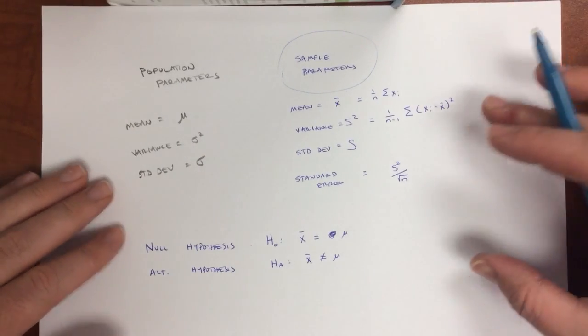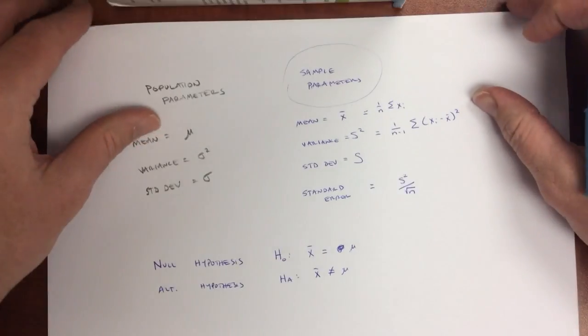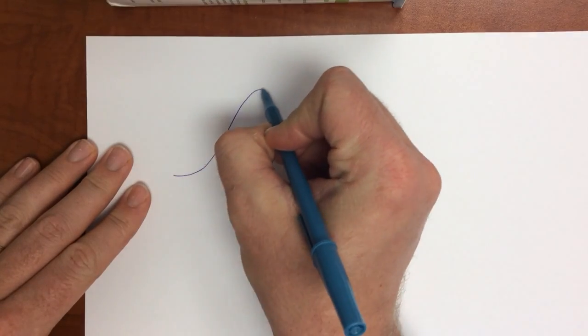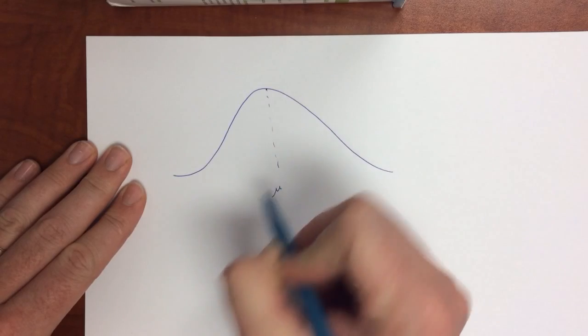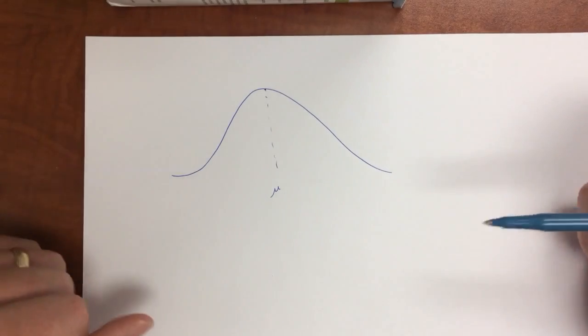So what we want to think about is our population parameter, mu, has a distribution. Okay? So think of this as a distribution. So here is mu, and we want to estimate where our parameter is.